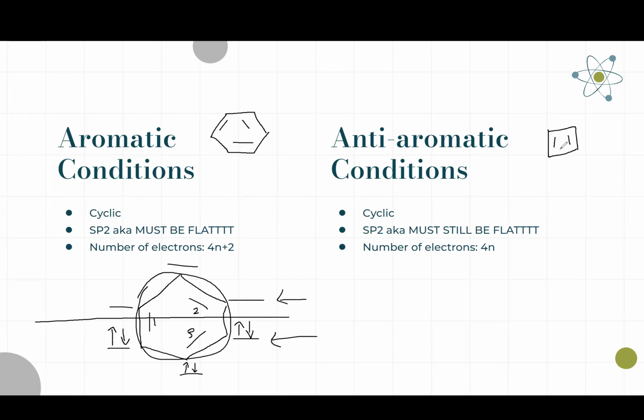For this guy, although he's anti-aromatic, if we draw a circle with a point at the bottom and cut it in half, these two are actually non-bonding orbitals because they're on the line.